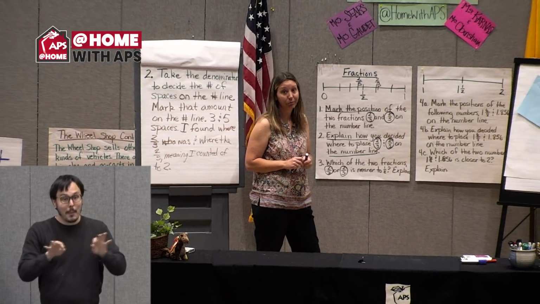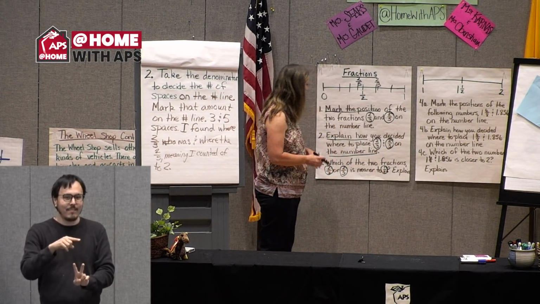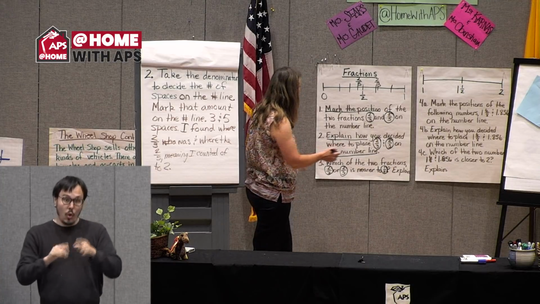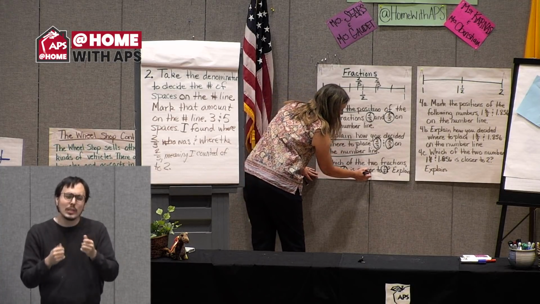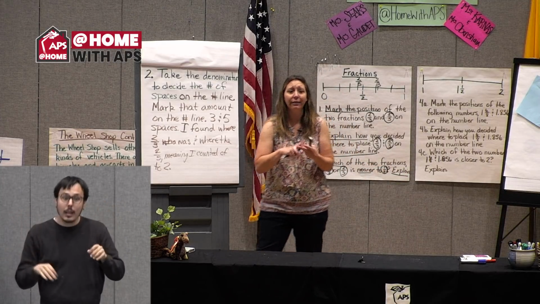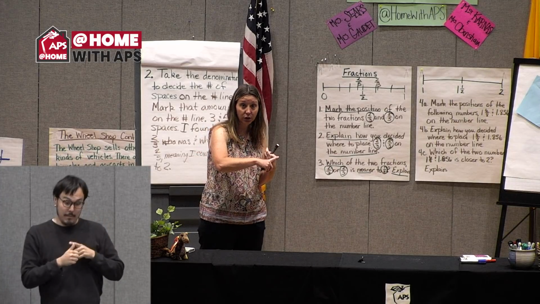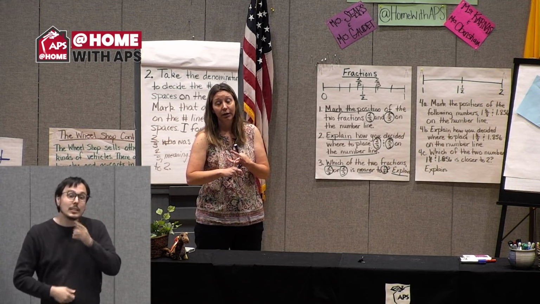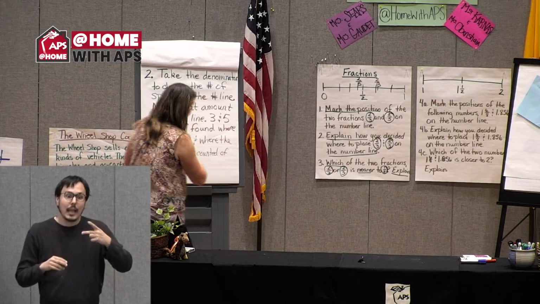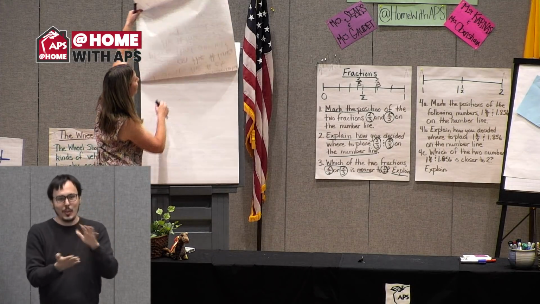It's the half, right? So we need to do a half. And then we have to say which of it is nearer and then explain. You notice we have to do 2 things here. We have to talk about which is near and then how do we know? So let's go ahead and start that. So let me get a new sheet of paper since I love to write very big.